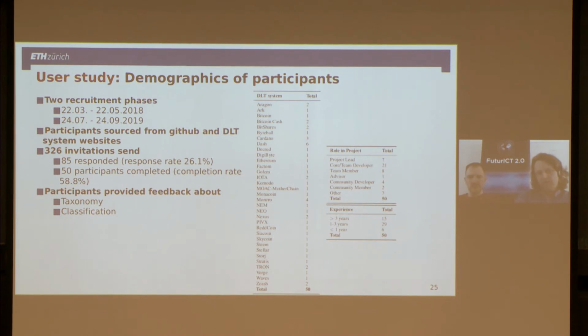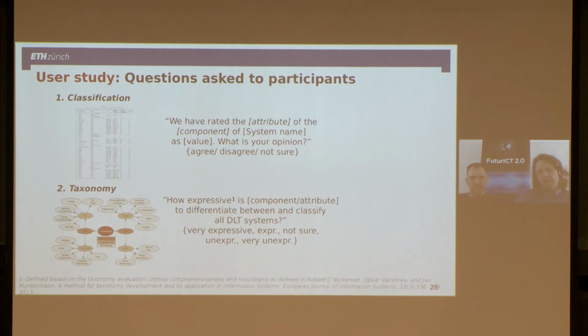So we had 85 people responding with a completion rate of 58%, which in the end we used also for the analysis we performed. All in all, one could say that we had a pretty experienced participant field. We had 29 people who were already in the field for 1 to 3 years, which gave us some confidence about the results.